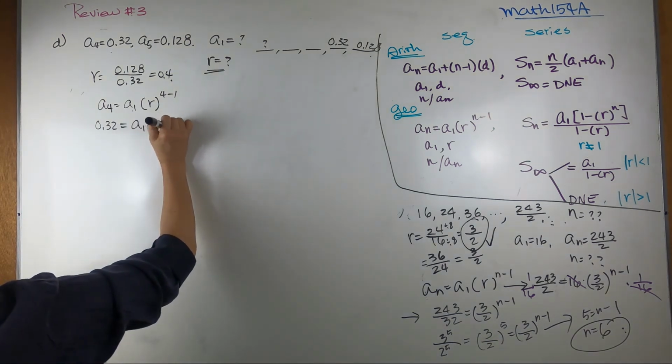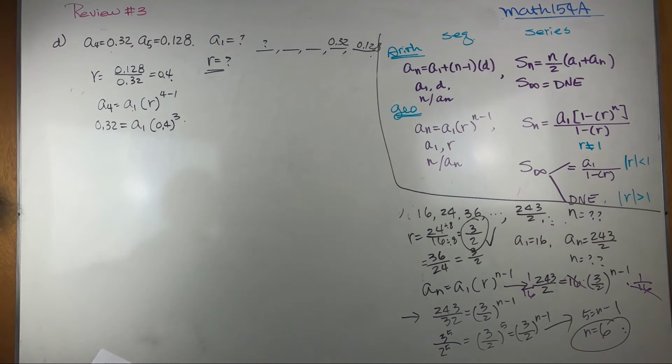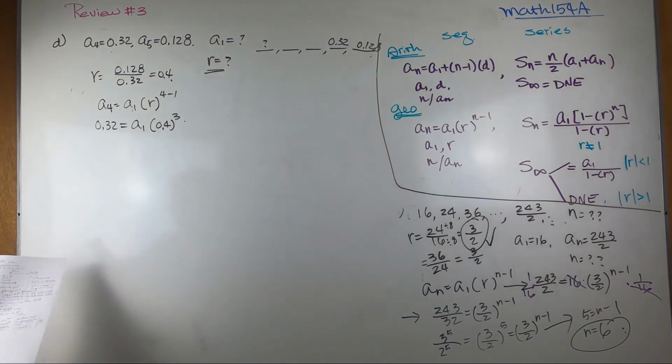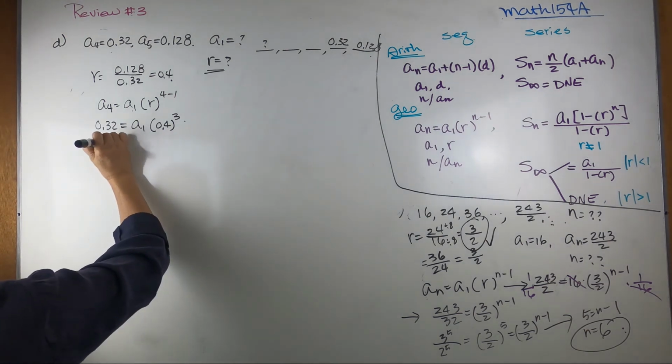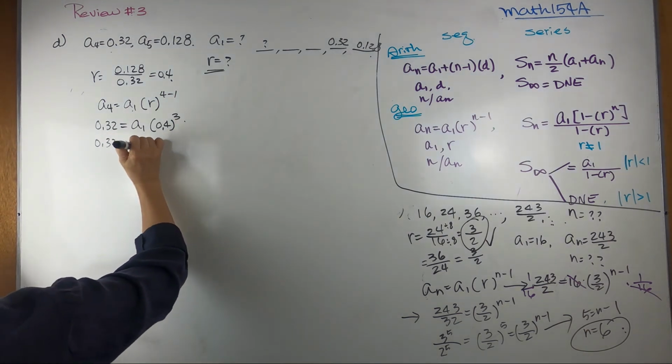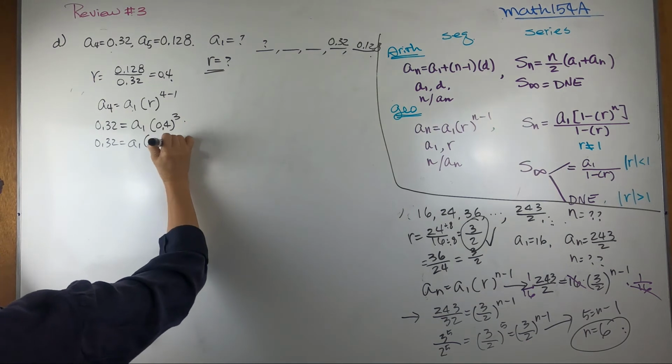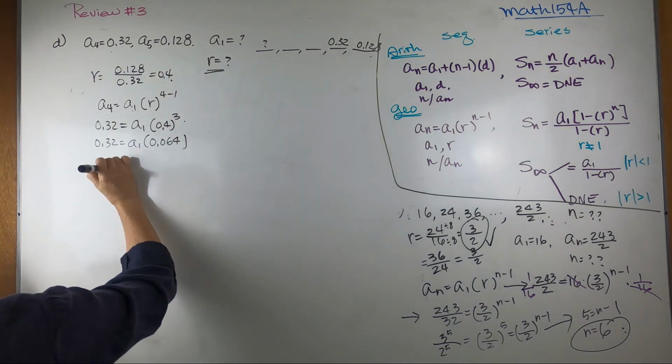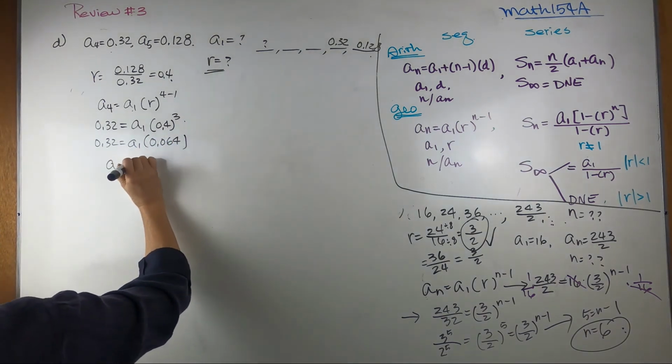R is 0.4 to the 3rd power. Then you do your math: 0.32 equals A1 times 0.064. Now you divide it. A1 is 5.